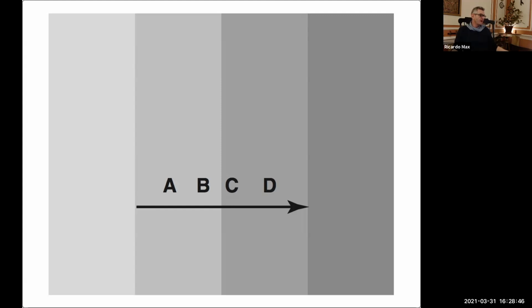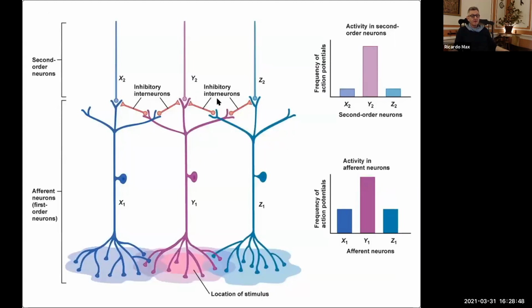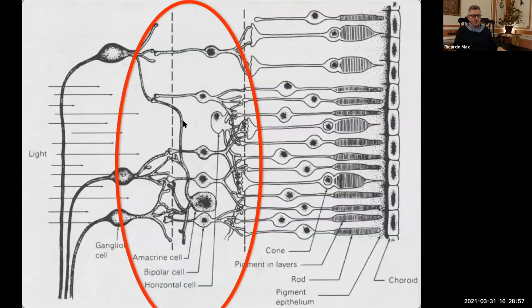Okay. What happens is that between neurons there are inhibitory interneurons. In the case of our visual system, those would be these little guys that mediate between our receptors and the ganglion cell: the amacrine, the bipolar, and the horizontal.